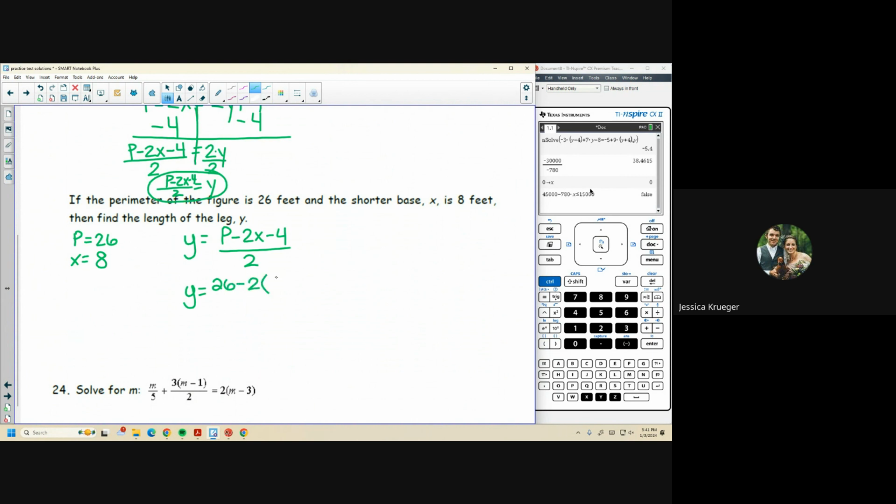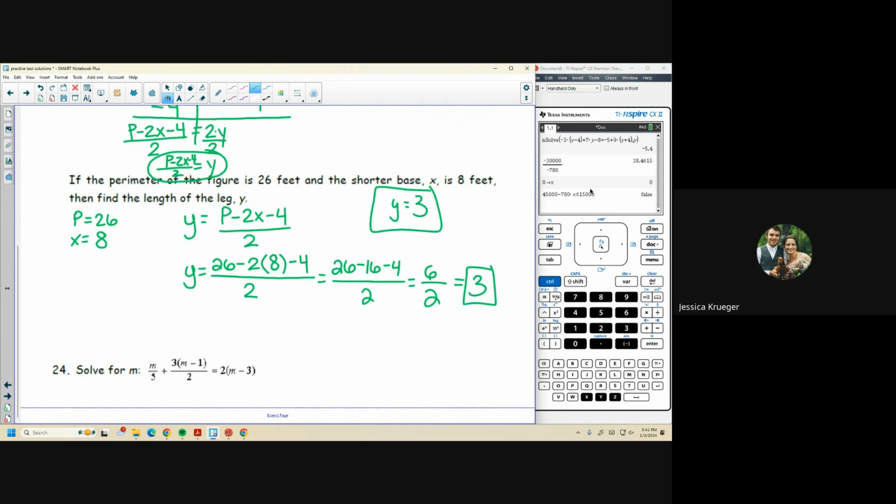If x is 8, I'm going to replace x with 8. And then I'm going to simplify this down. So this is 26 minus 16 minus 4 all over 2. 26 minus 16 is 10. Minus 4 is 6. And 6 over 2 is 3. So y would equal 3.